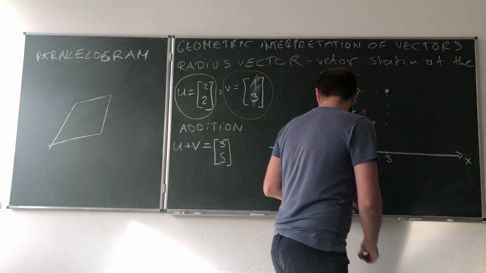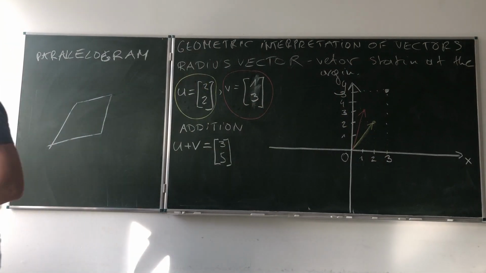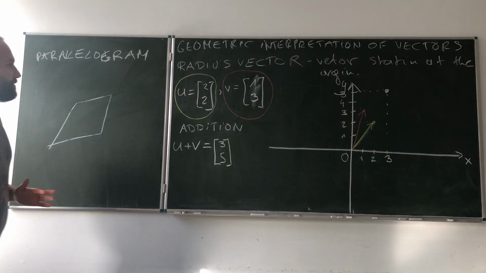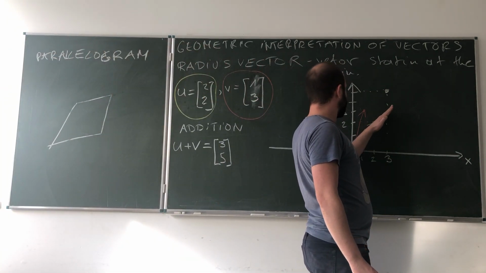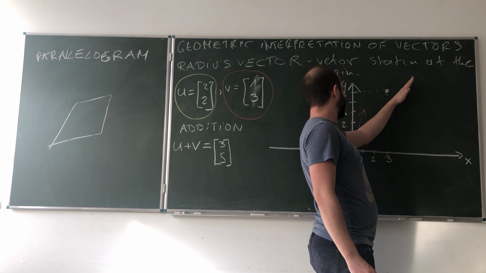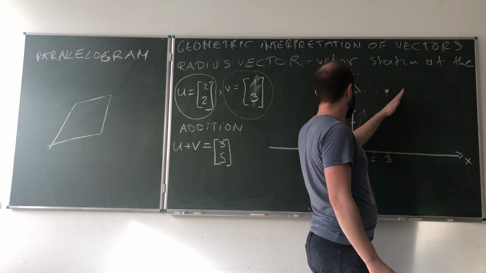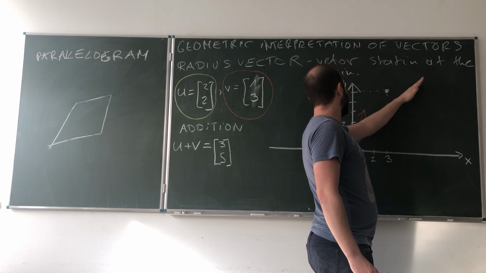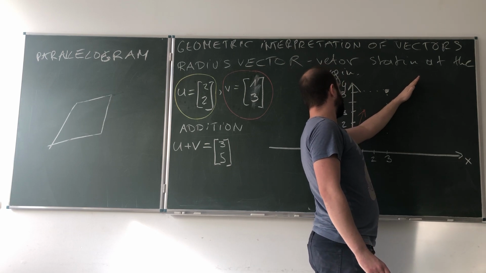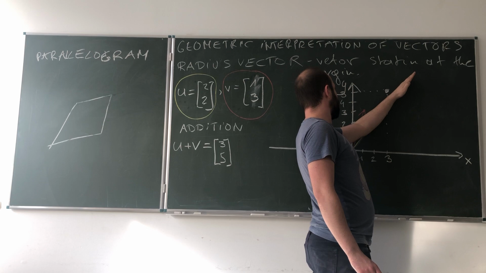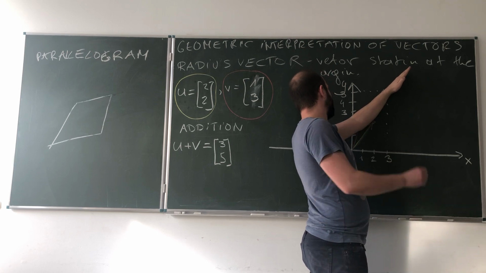Look, imagine that this arrow is going here further and further and further, right? And now look, what if I would take this arrow and I start moving it upwards?